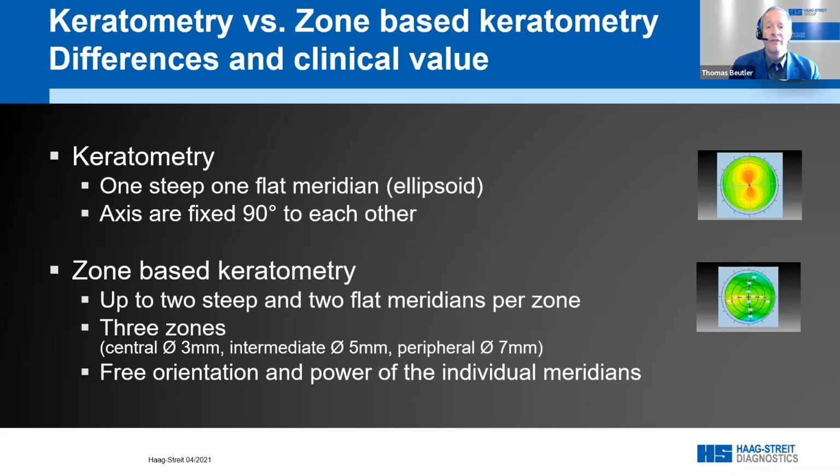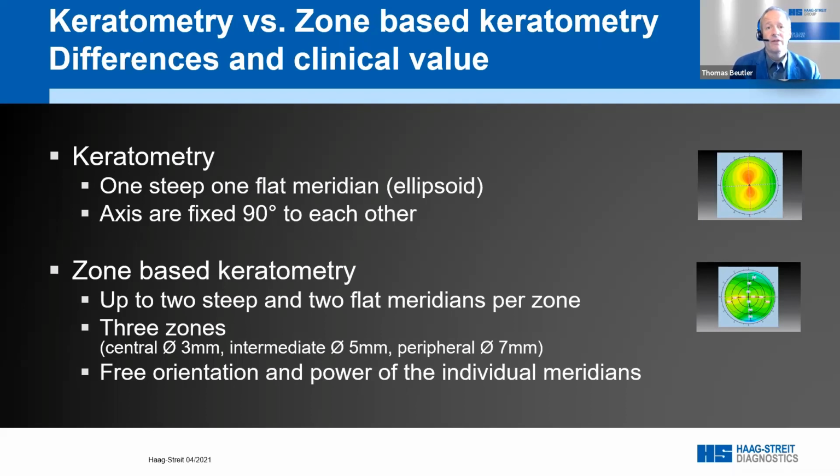And you also get a feature which is called zone-based keratometry. Now, what's the difference between normal keratometry or simulated keratometry? They both have the same basis, and zone-based keratometry. So first of all, the keratometry has its inherent limitation that it just has two meridians, a steep and a flat, and they are always 90 degrees to each other. So it's basically based on an ellipsoid.